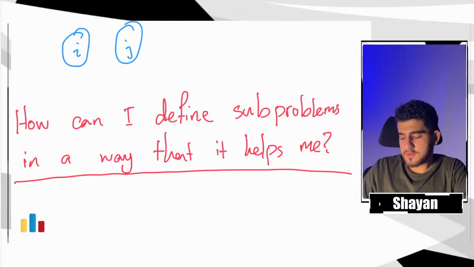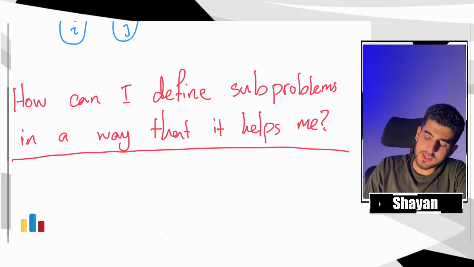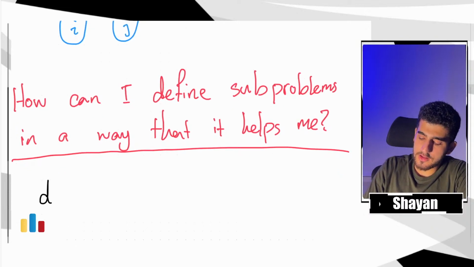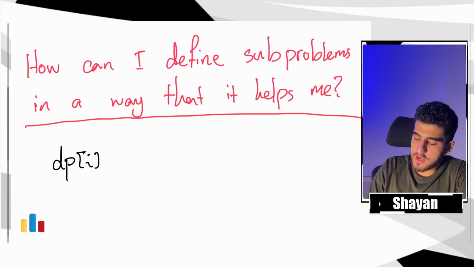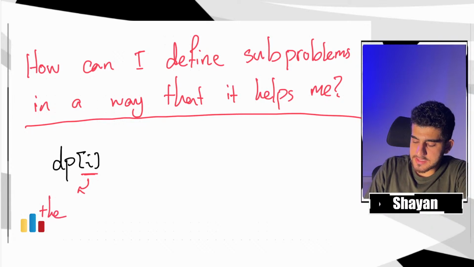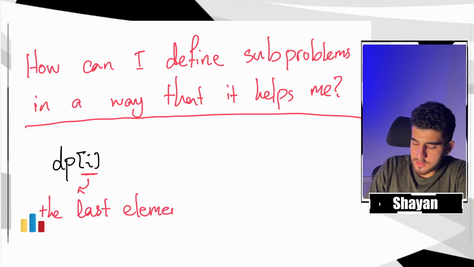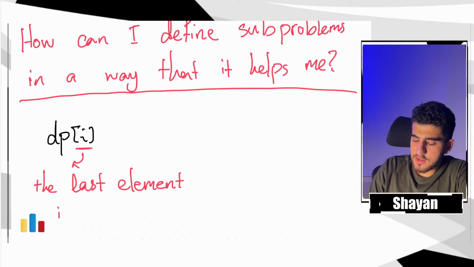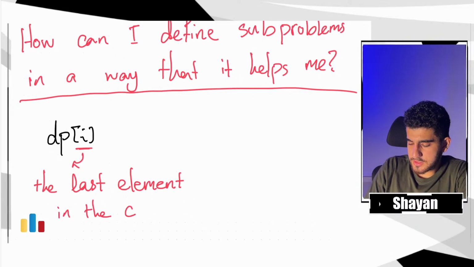Some of your ideas were really good and can help. For example, if I consider dp of i, and I consider i as the last element in the common subsequence.